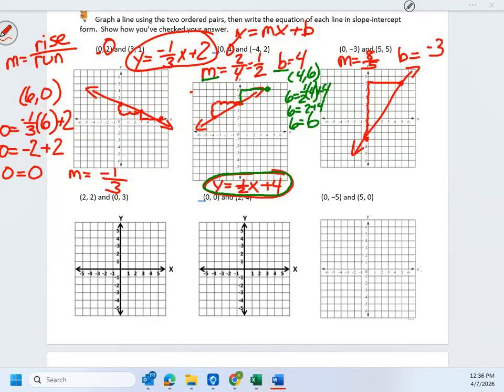So when we put that into our slope-intercept form, because it's a -3, watch how we're going to do that. We're going to say y equals 8/5 x, and instead of saying plus -3, we're going to say -3. If you wrote it out this way and you said y equals 8/5 x plus -3, look at how confusing that gets with our plus and our negative right next to each other.